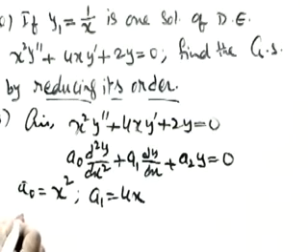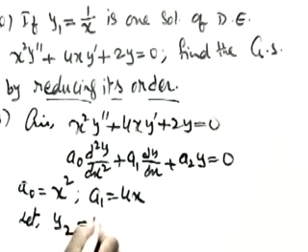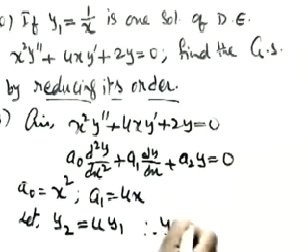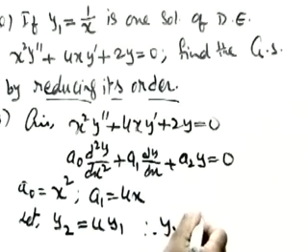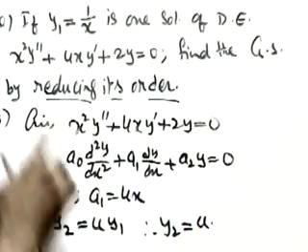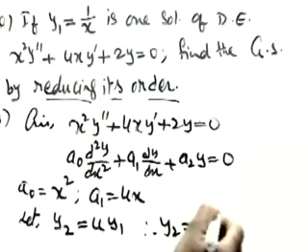Now let the second solution be y2 = u into y1.